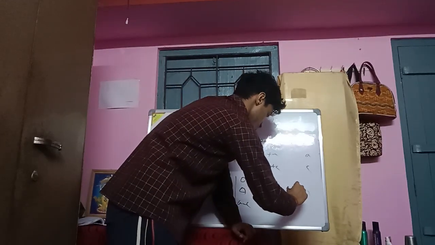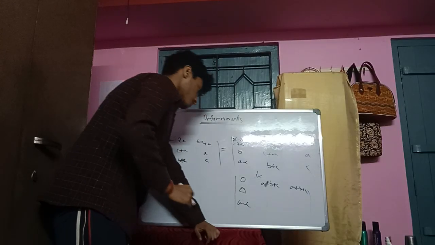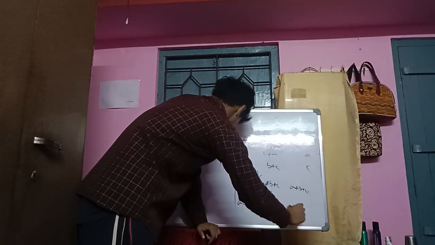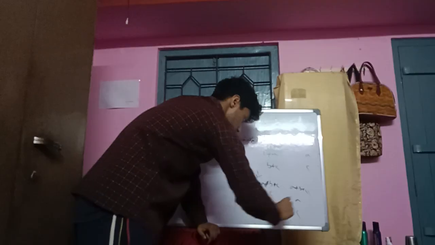This would be a plus b plus c, and the other elements would be C, C, B, and A.